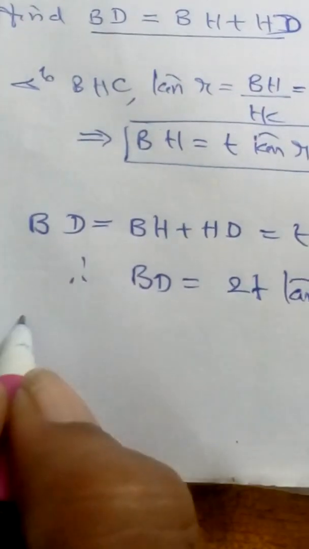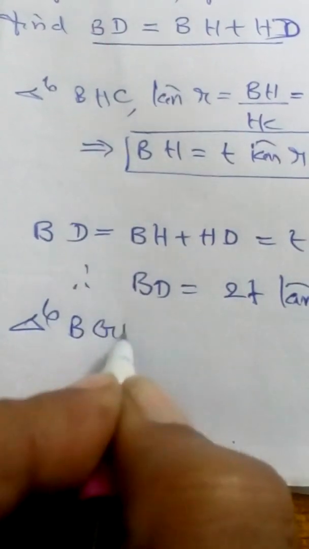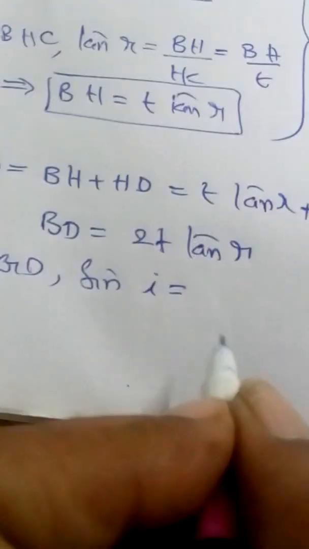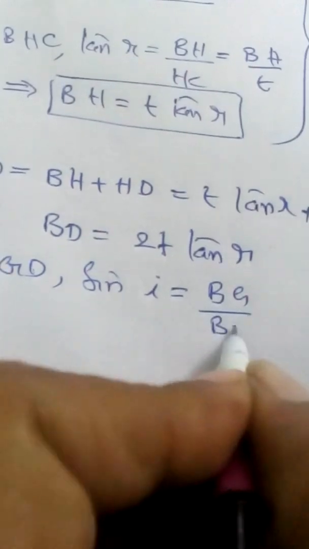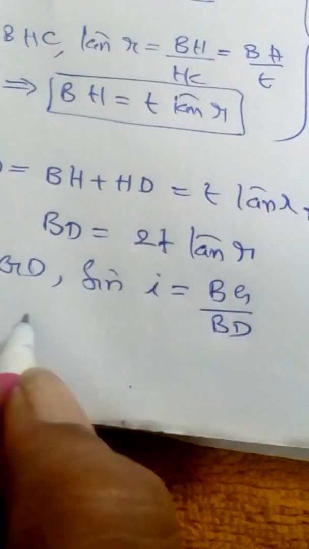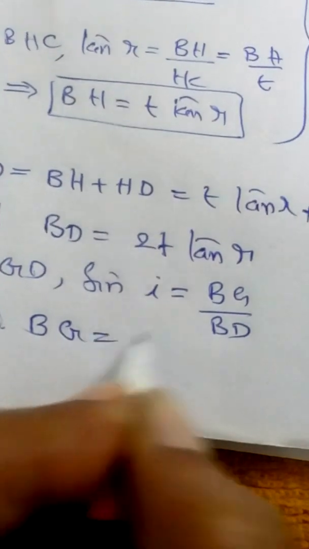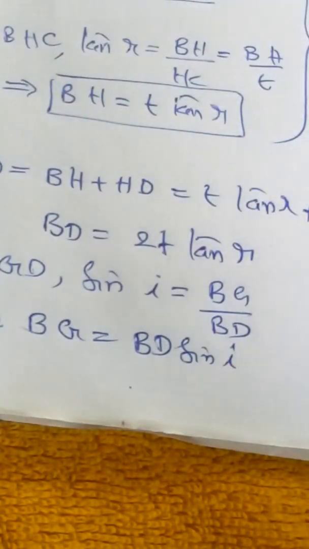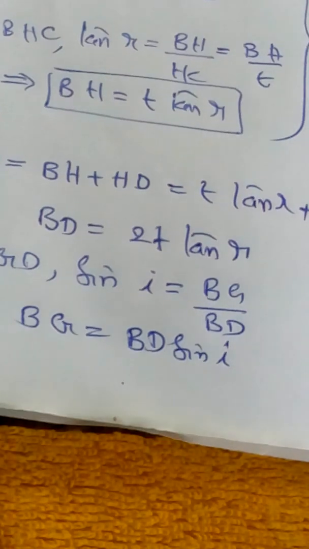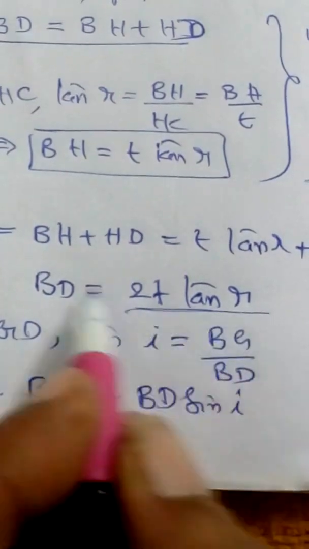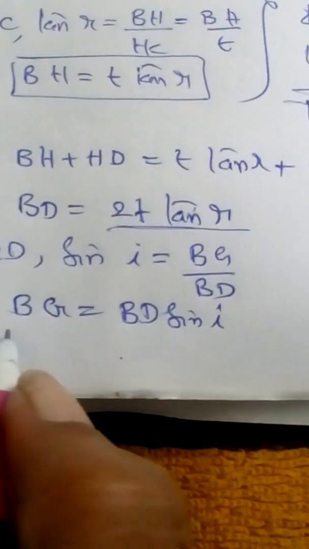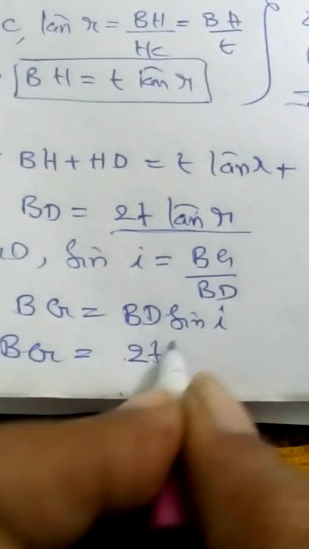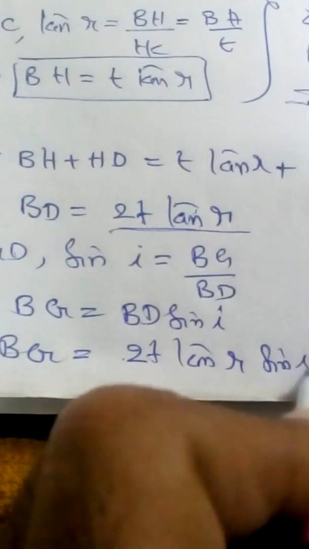So cross multiplying, BG is equal to BD sin I. Now you already calculated BD, which is equal to 2T tan R. So you can write BG as 2T tan R sin I. That is BG.